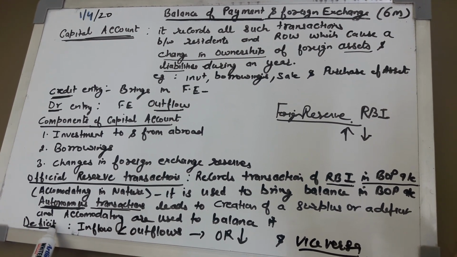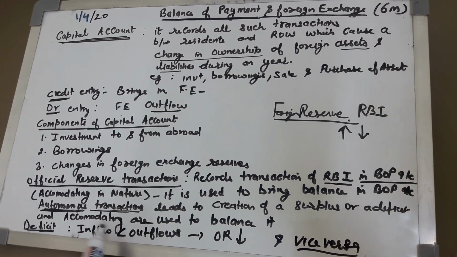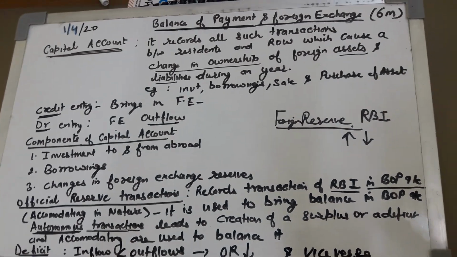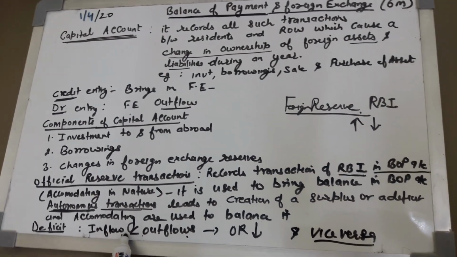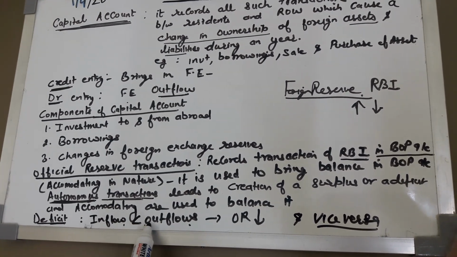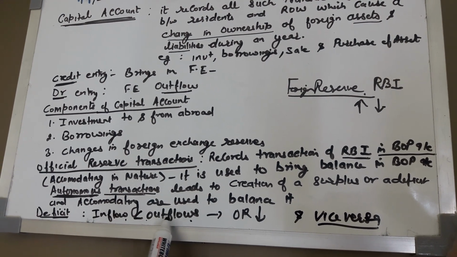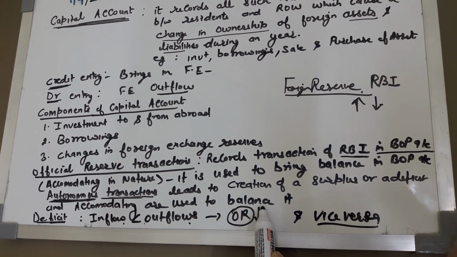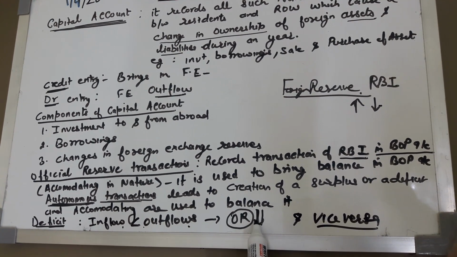When I say BOP account is in deficit, it means that inflow of foreign exchange is less than outflow of foreign exchange. So, to bring equality here, what will RBI do? RBI will withdraw from its official reserve account, so that official reserves will fall.